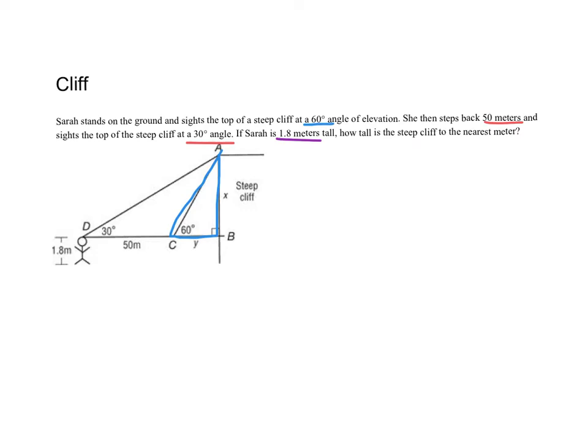So I can write an equation for my blue triangle such that the tangent of 60 is equal to my opposite of x divided by my adjacent of y, which I can then rewrite, multiply both sides by y, y times the tangent of 60 is equal to x.